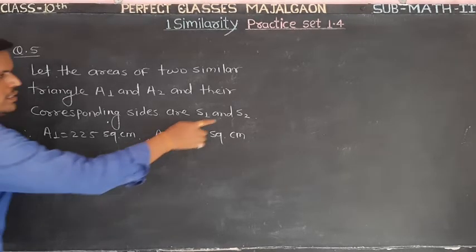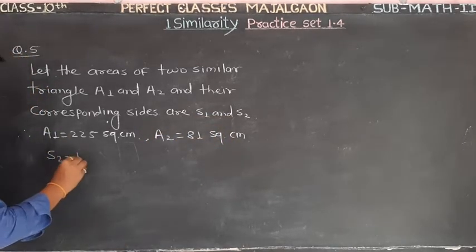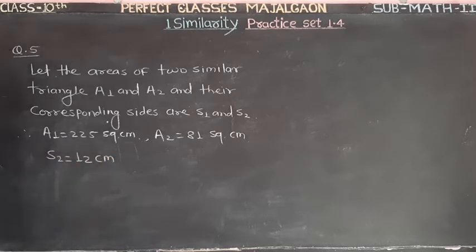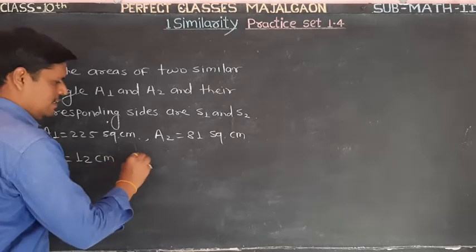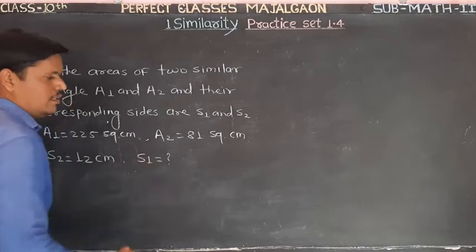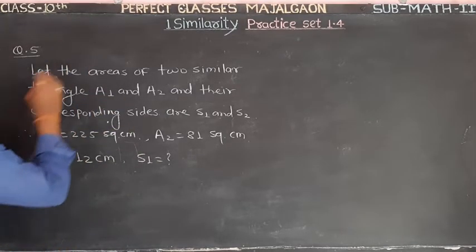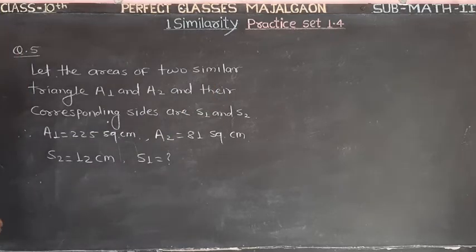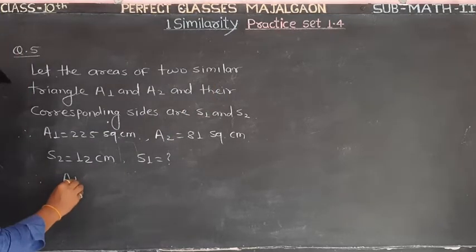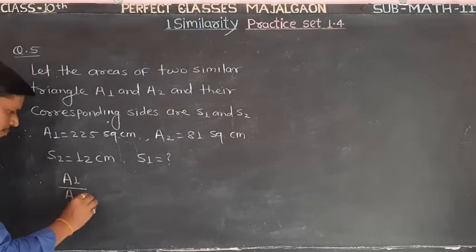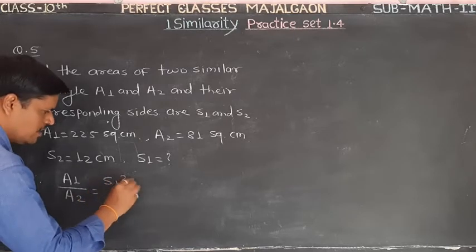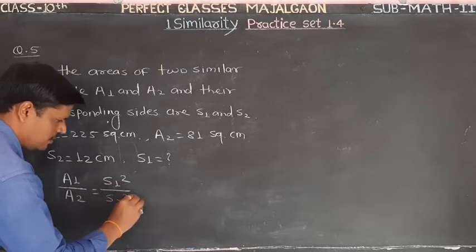S2 is the side of the smaller triangle, given as 12 centimeter. Find S1. These two triangles are similar, so now we use the theorem: A1 upon A2 equals S1 square upon S2 square.